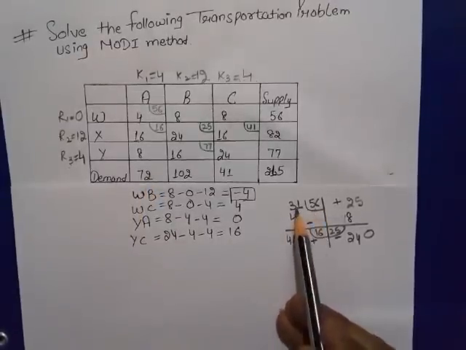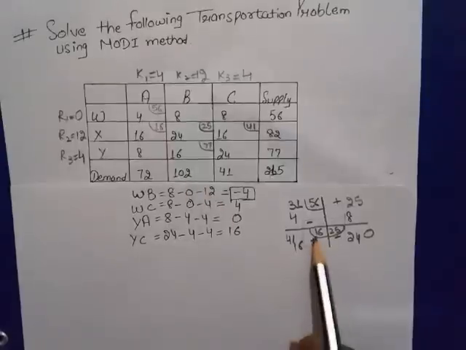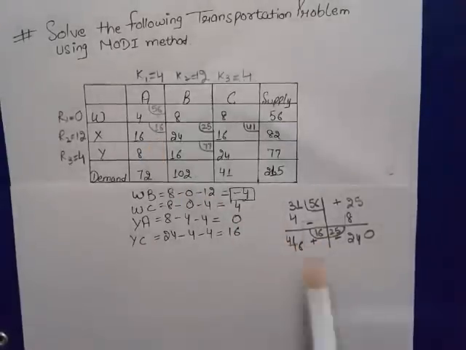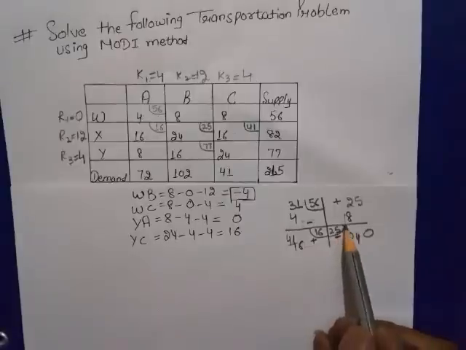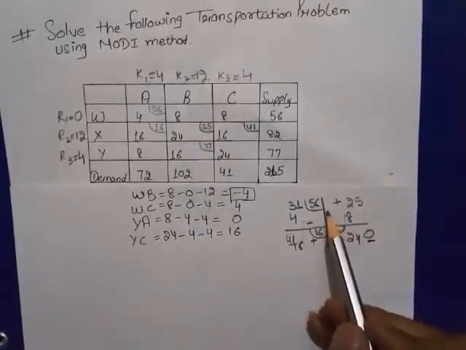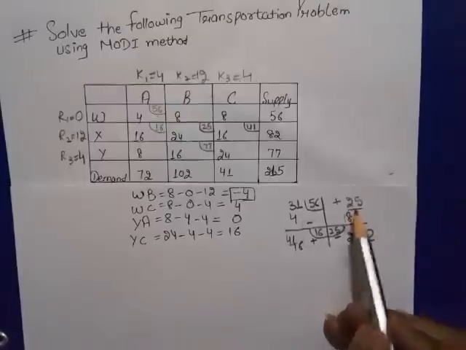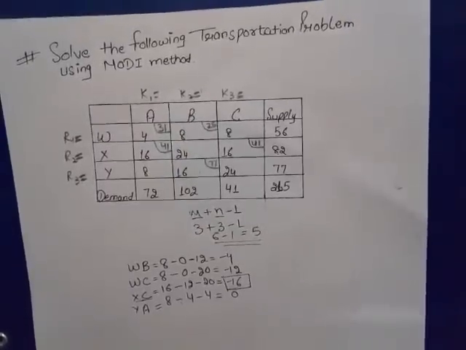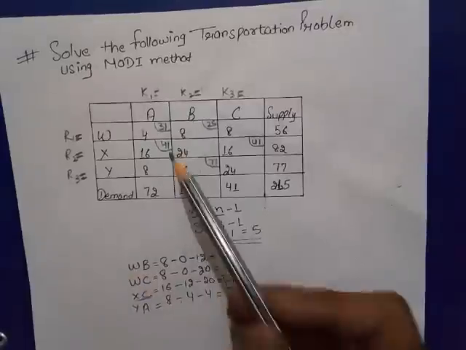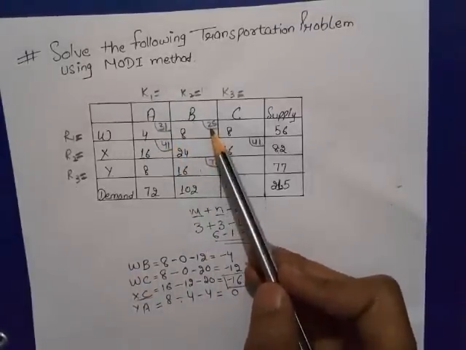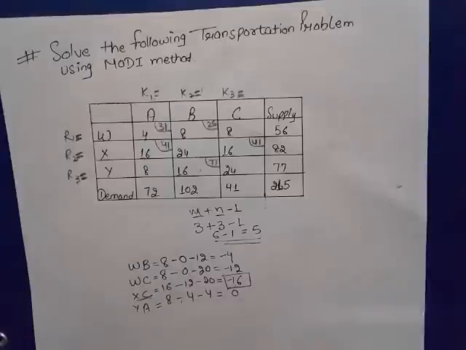Where it is 56 we write 31, where it is 16 we write 41, where it is 25 we make it an unoccupied cell, and the unoccupied cell we make 25. So this is our new solution: 31, 41, unoccupied, and this is now occupied.